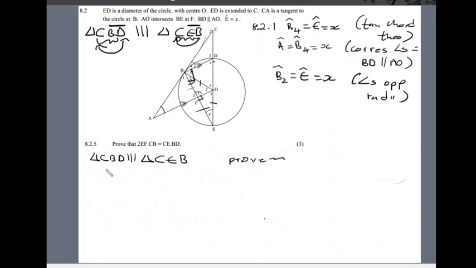It therefore implies that CB over CE is equal to BD over EB, okay?